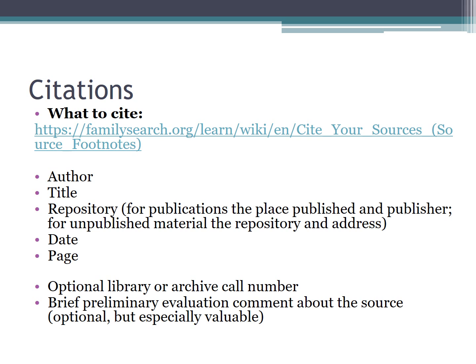There are a couple of optional things that sometimes are included in citations. Some people include the library or archive call numbers, and some people include a brief preliminary comment or evaluation about the source. That's particularly important if you're out of town researching and you find a source that's transcribed by the local genealogical society, so that's important to know.